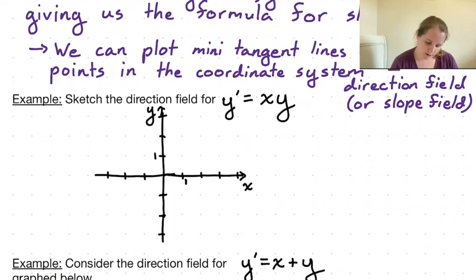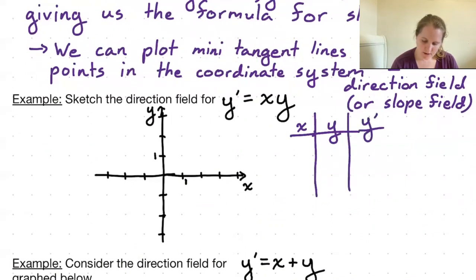So for example, we have x, y as our point, and then we find y prime at each point. For any point of the form 0, y, whatever y is, 0 times y will give us 0. So any point with an x coordinate of 0 should have horizontal slope, or slope 0.